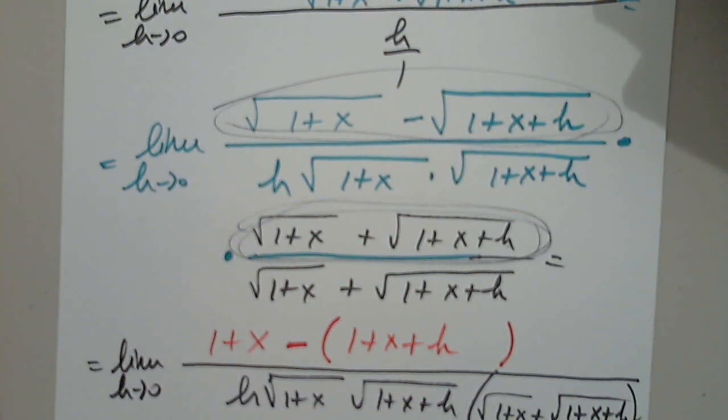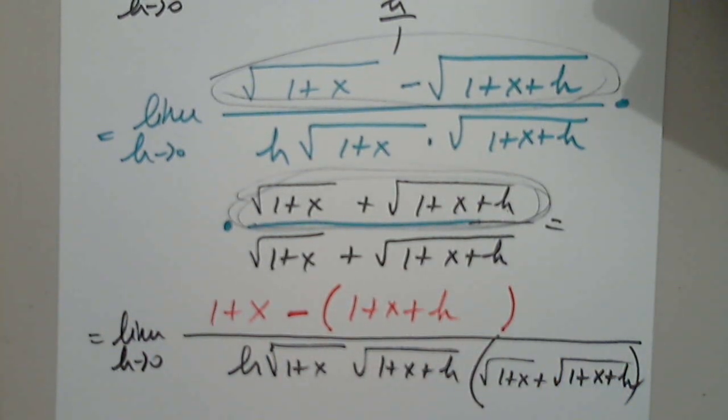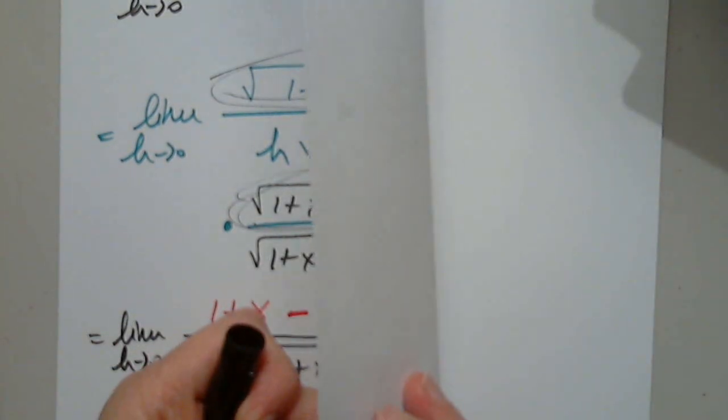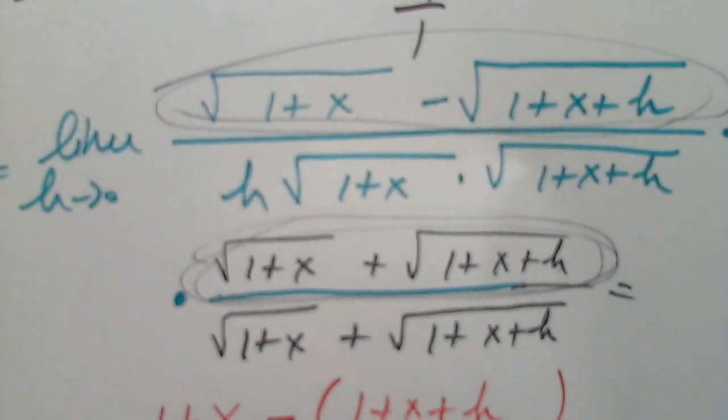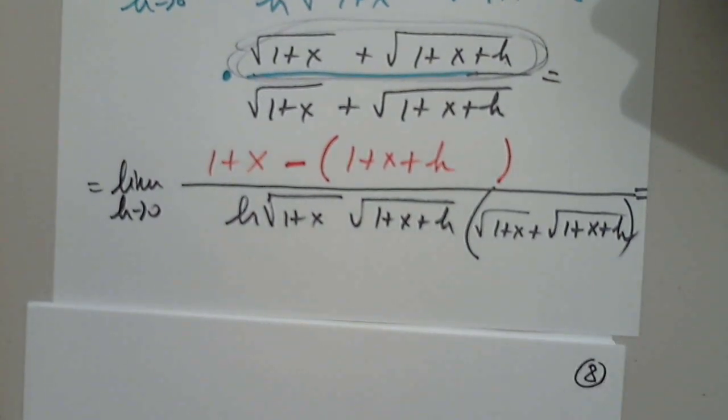Awesome. Now I have to be careful. I have to distribute. And remember, all terms without h must go away. Do not drop the limit operator. We are not there yet.